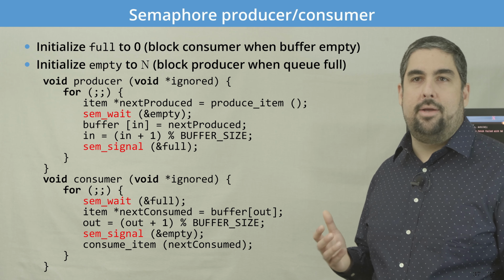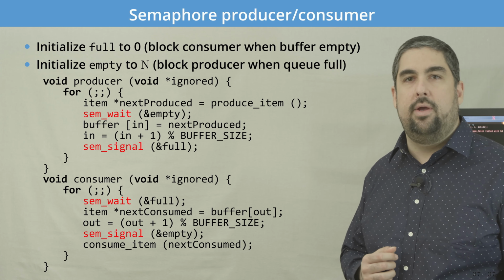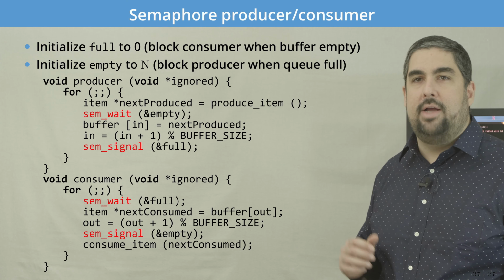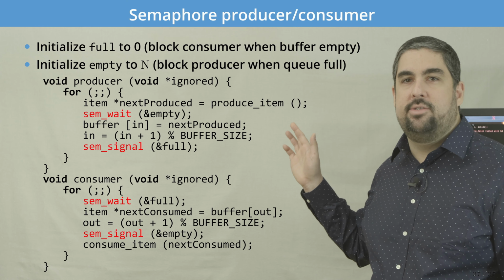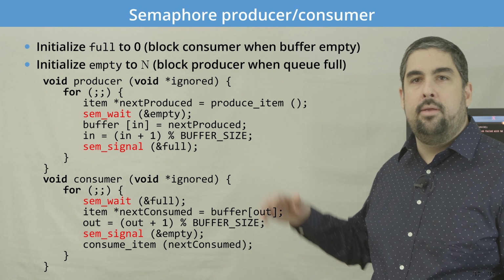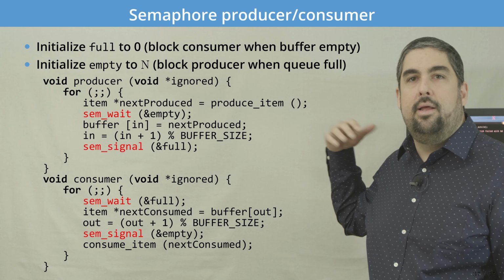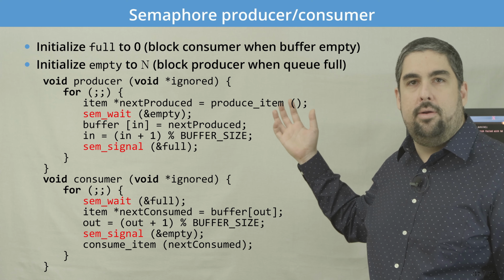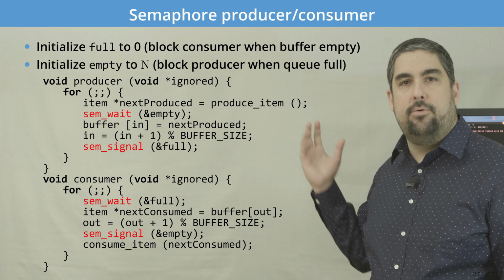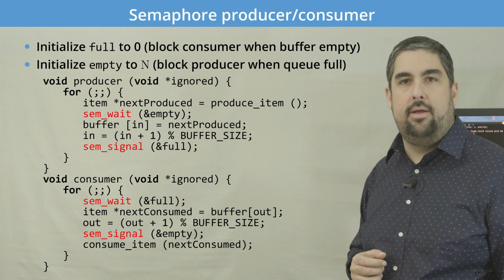So let's go back to our producer-consumer example and see how we can write this with semaphores. I chose this example because this is a case where you can write this with semaphores very elegantly. You produce an item, you call semWait, and the full semaphore is initialized to 0, and the empty semaphore is initialized to n.